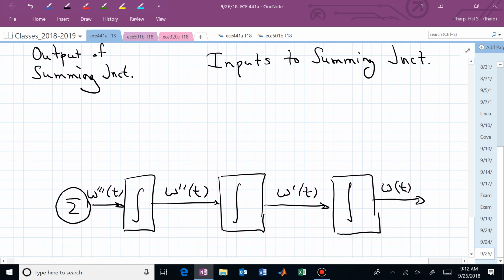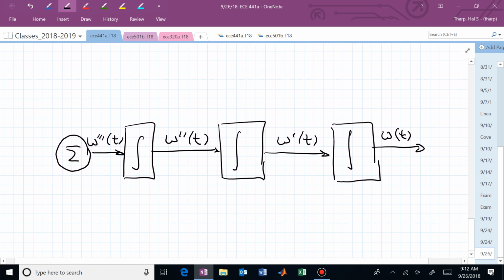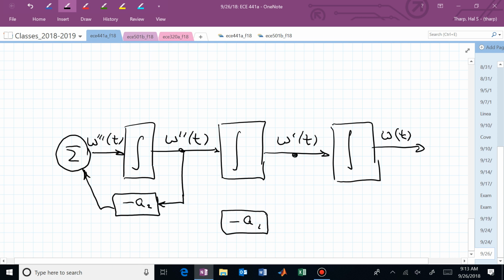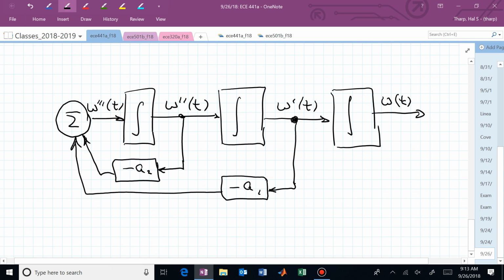And so now I simply have to scale w double prime with minus a sub 2. I scale w prime with minus a sub 1, and scale w with a sub 0 with a negative.